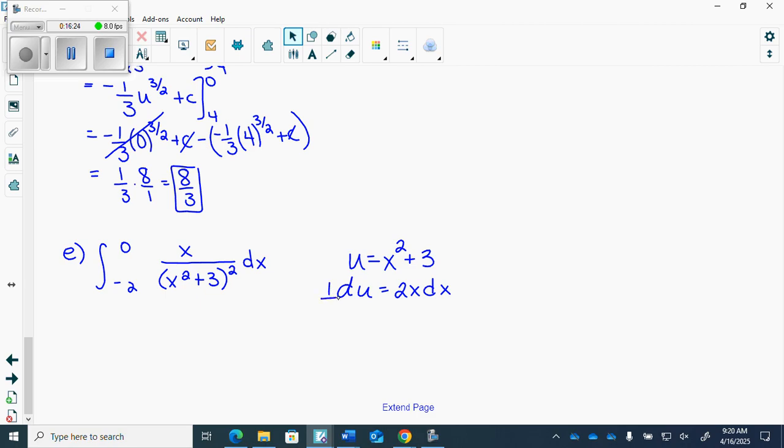I need to replace x dx, so I'm going to make it a half. So I get a half du equals x dx. All right.